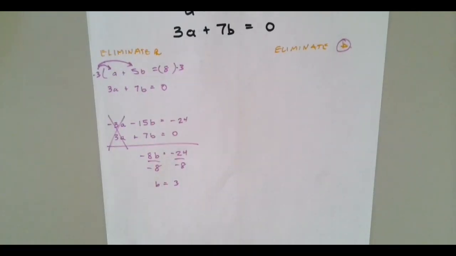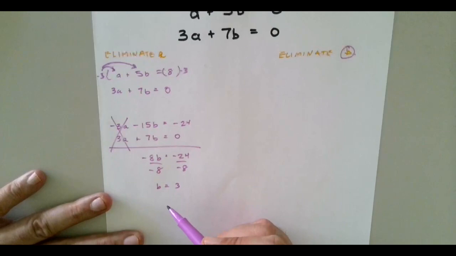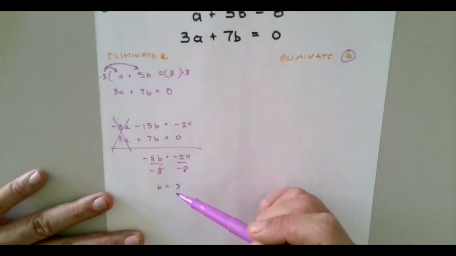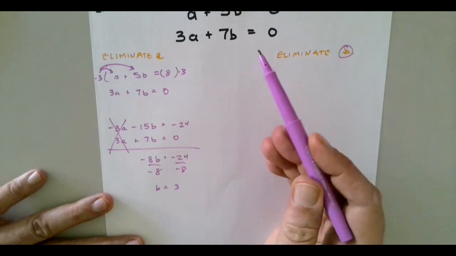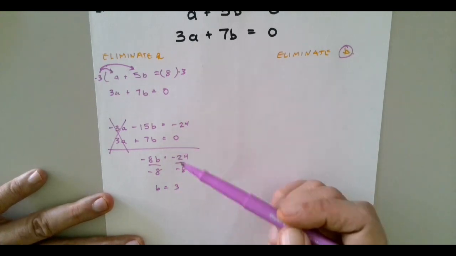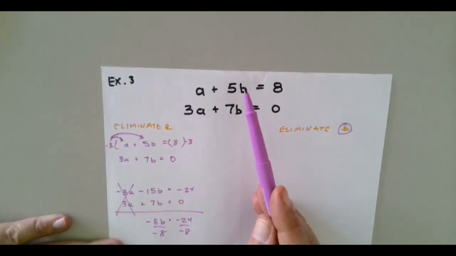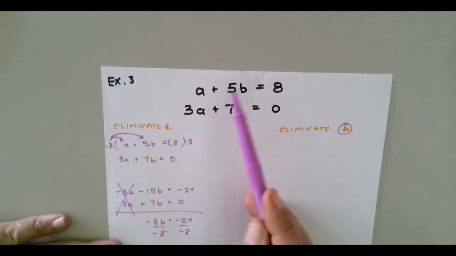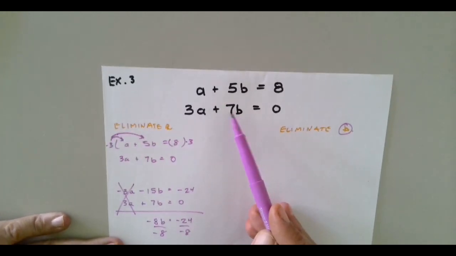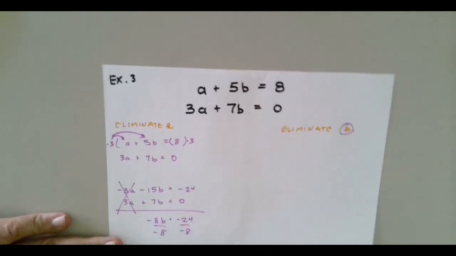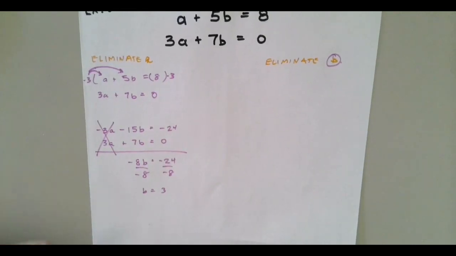Now, again, I'm just doing this as a thought experiment to show you that you could eliminate either one. It doesn't matter. Normally, what you would do is take this b equals 3, substitute it into this, solve for a, write your answers in ordered pair, plug it in here to check, circle your answers if it's correct. But I could also do it this way, so I want you to see I have some play in how I'm solving this.